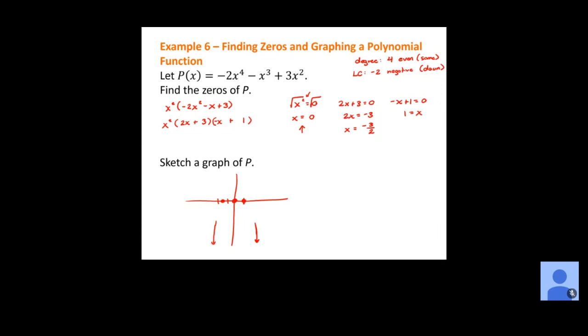So it's going to come up like this. It's going to come down to this one, but bounce. And then it's going to go down through that one and then connect over to that end behavior. All right, that's not very smooth. So something like that, okay?